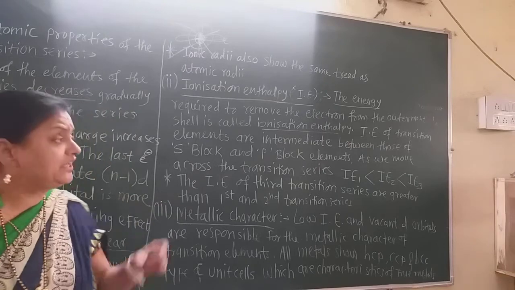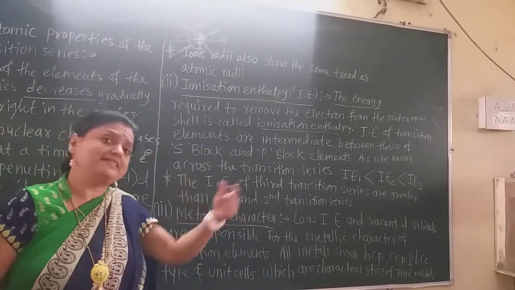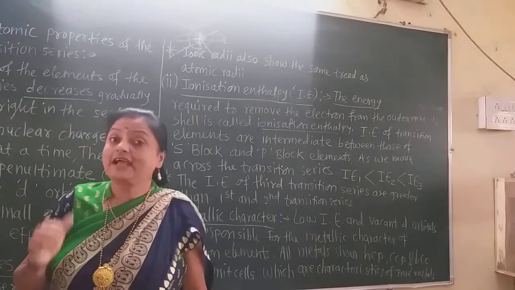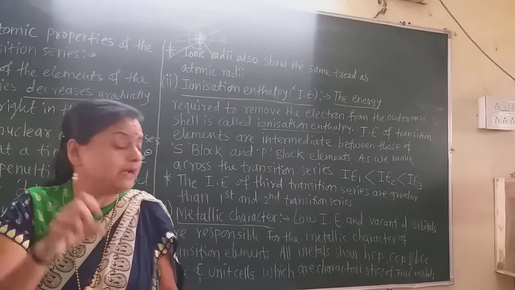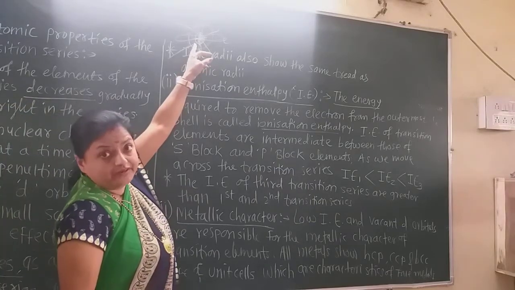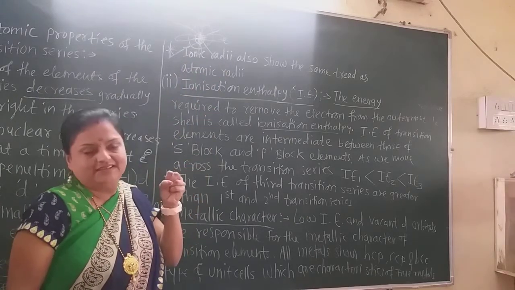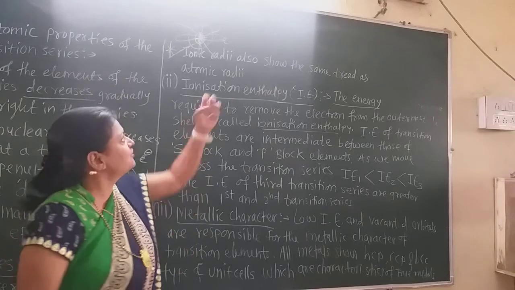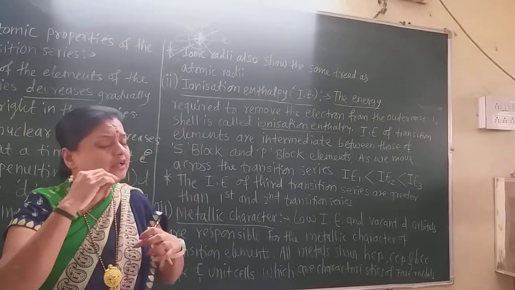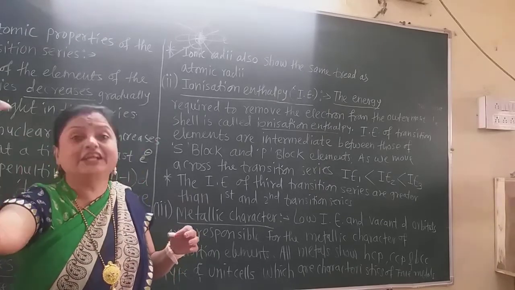But what happens in the series or in a period? In a series and in a period, size decreases. We already learned this. Size decreases, and due to that decrease in size, the attraction between the positively charged nucleus and the electron increases. So the nucleus cannot easily give up those electrons.